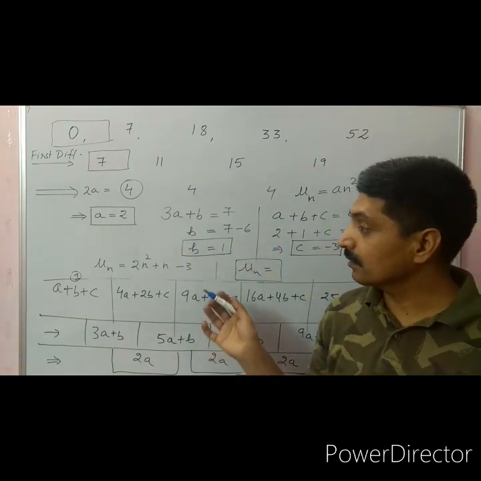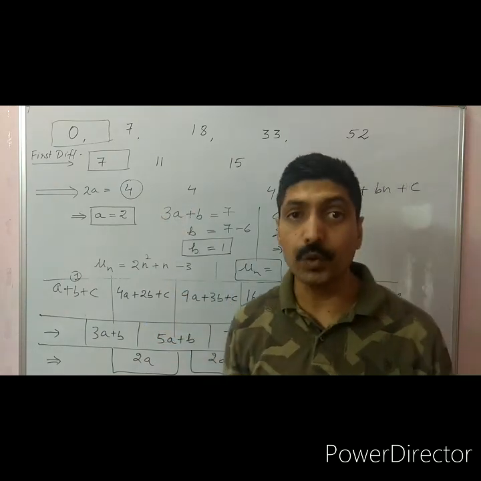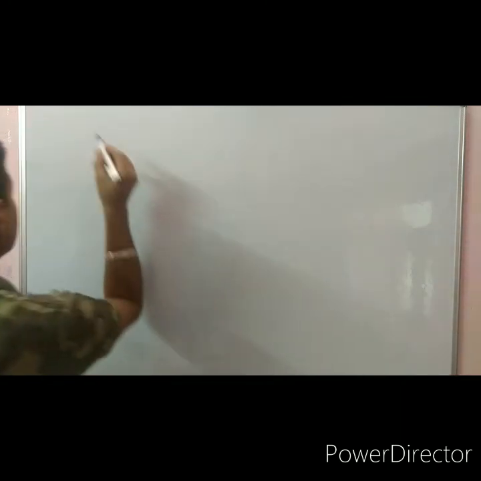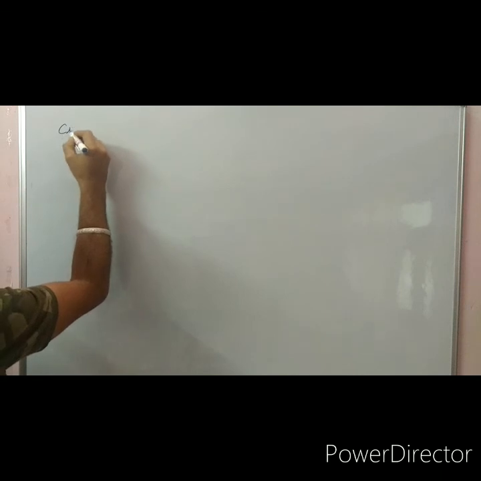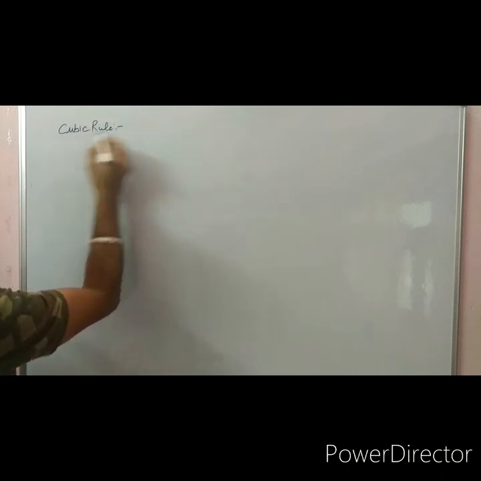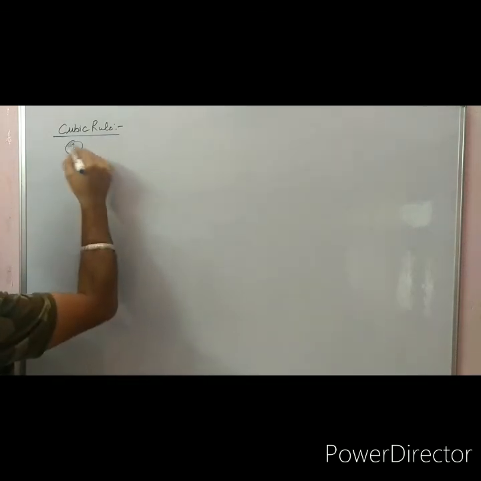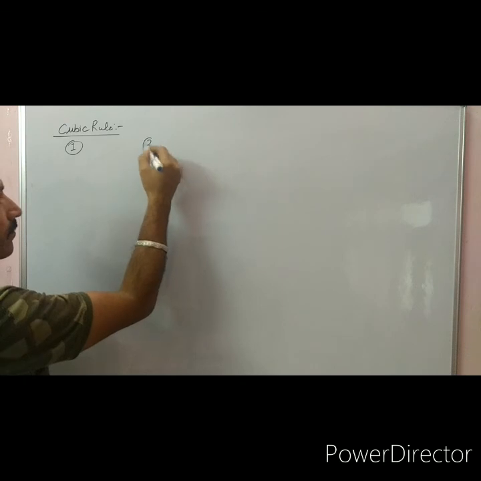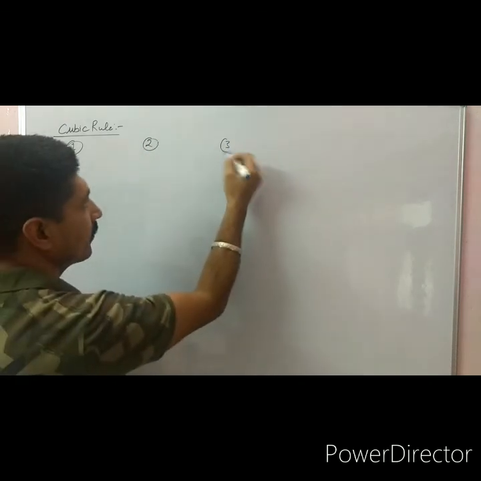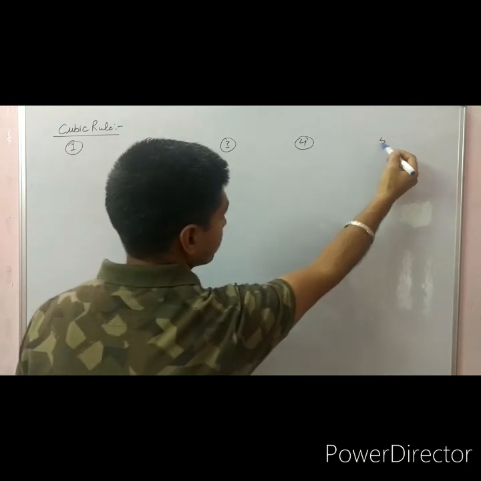Now we will go for the cubic rule. Cubic rule for a sequence. Again, this is the first term, second, third, fourth, fifth.